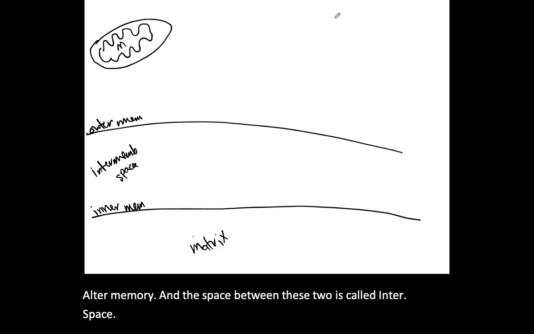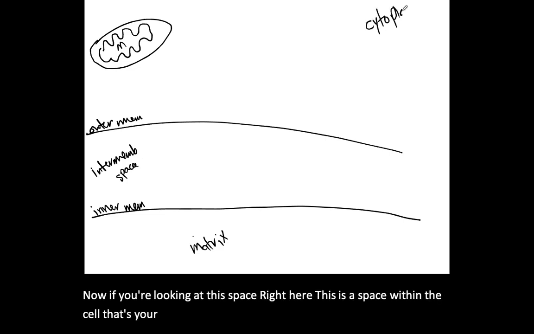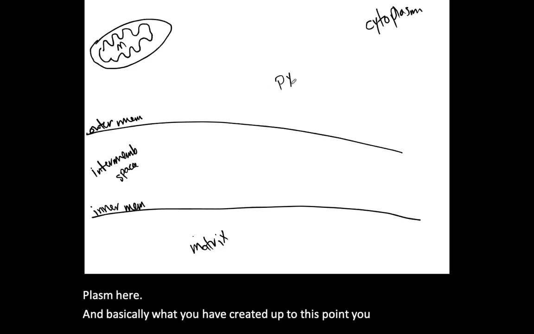Now, if you're looking at this space right here, this is the space within the cell. That's your cytoplasm here. And basically what you have created up to this point is your pyruvate or pyruvic acid.